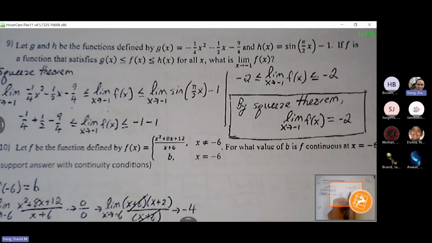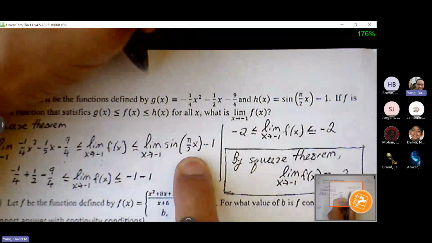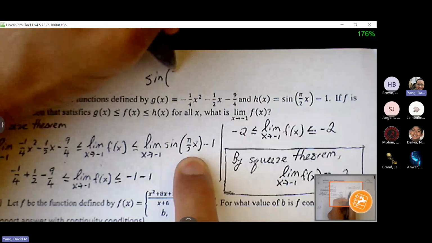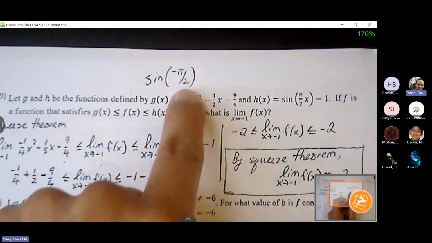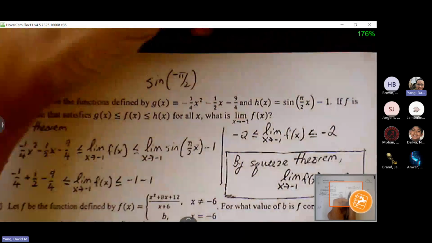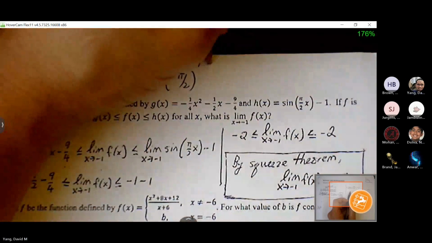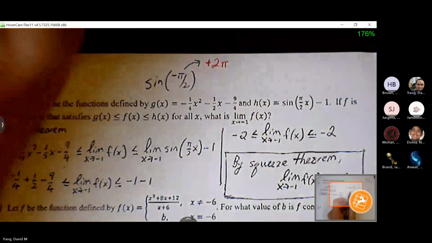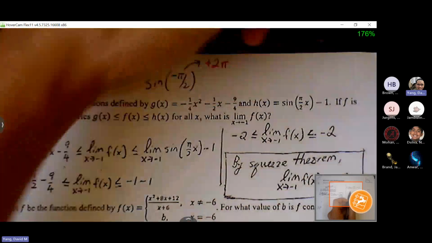H of x. Yeah, sure. So we're going to plug in negative 1, right? So we have sine of negative pi over 2. And if you don't recognize negative pi over 2, because it's not inside your unit circle from 0 to 2 pi, you know you can always add 2 pi or subtract 2 pi to get it into the range that you can maybe recognize a little bit easier.